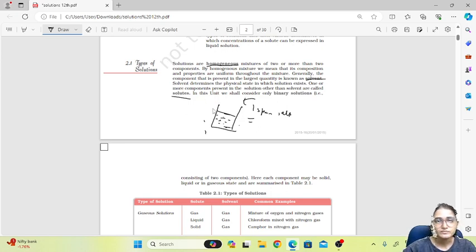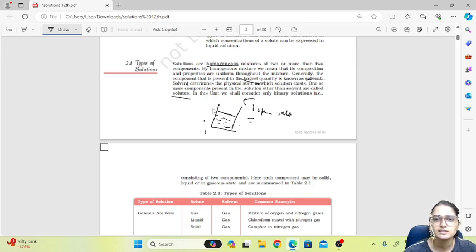And now which component will we call solvent and which component will we call solute? The component that is present in the largest quantity, in this case water, is called the solvent, and the solvent determines the physical state in which the solution exists.